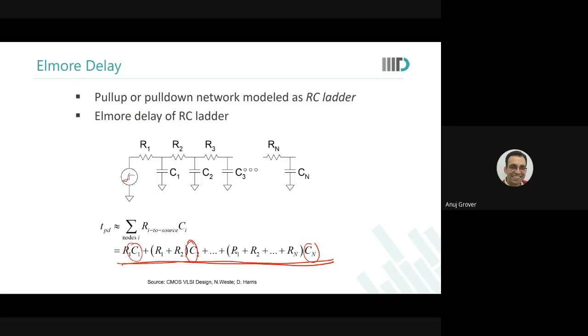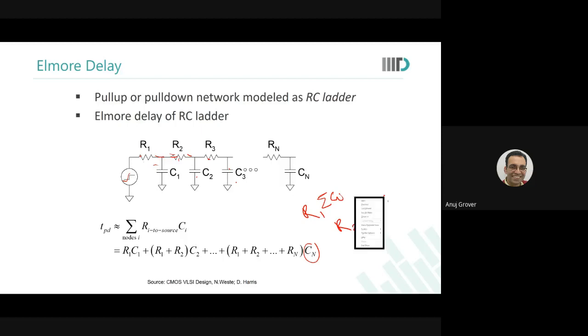At any point of time, there are two ways to look at that. I could say R1 into C1 and R1 plus R2 into C2 and R1 plus R2 plus R3 into C3, or I can say R1 into sigma of Ci, then R2 into sigma of Ci minus C1, and then R3 into sigma of Ci minus C1 minus C2 and so on. Okay, but this is the delay of my RC ladder.